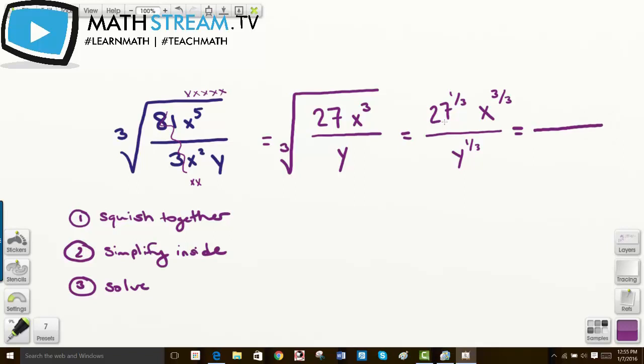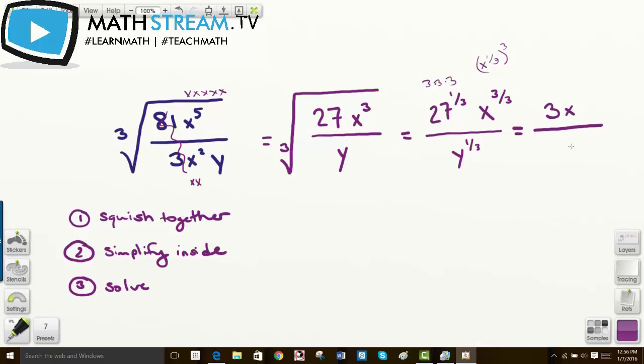We can simplify. This means we want to take 1/3 of the factors of 27. 3 times 3 times 3. So we want to keep 1/3 of them. We just keep 3. X to the 3 over 3, or remember this was x to the 1/3 cubed, would just be x to the 1, or just x. So just like that, we have the top simplified.